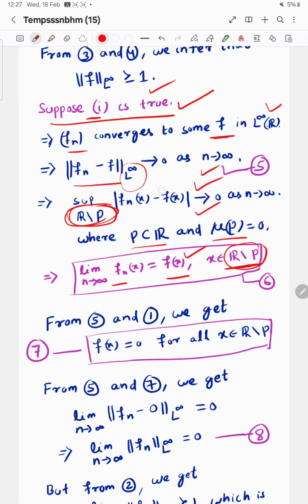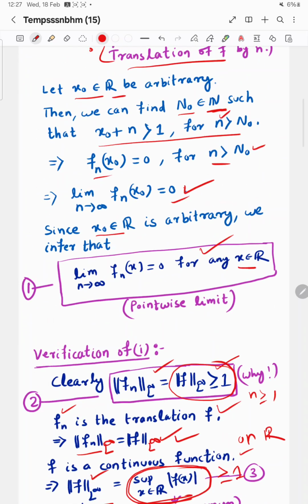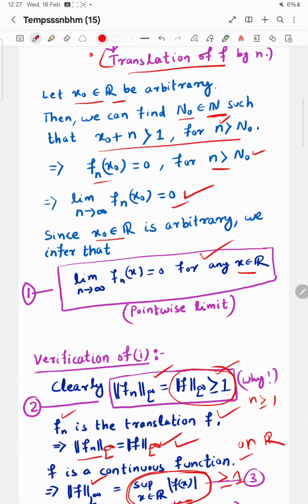But in our previous equation 1, we have already shown that Fn converges to the 0 function at every point.